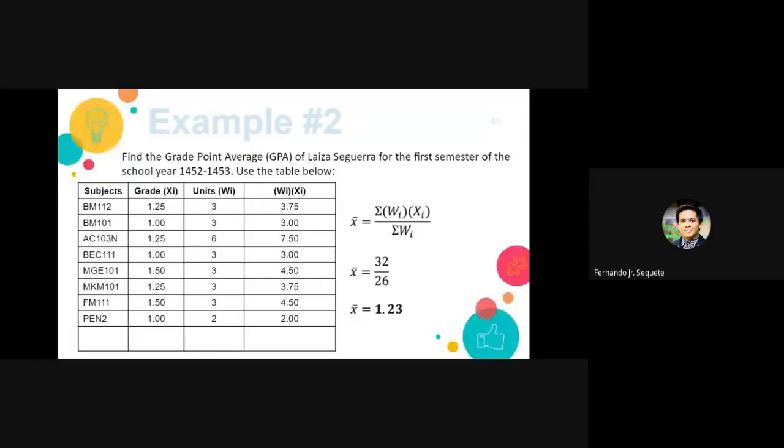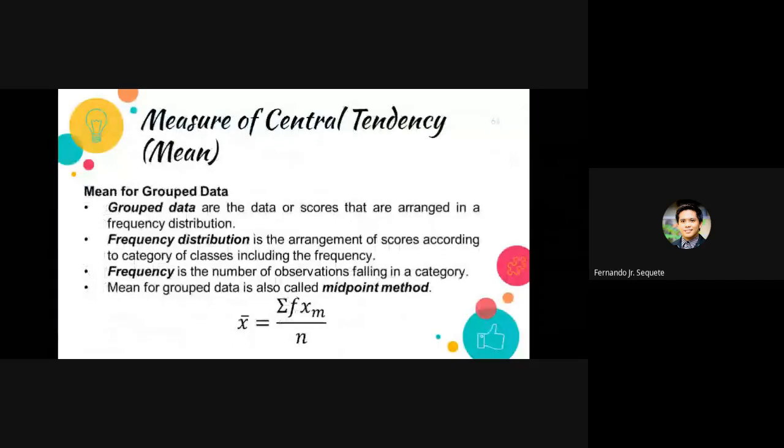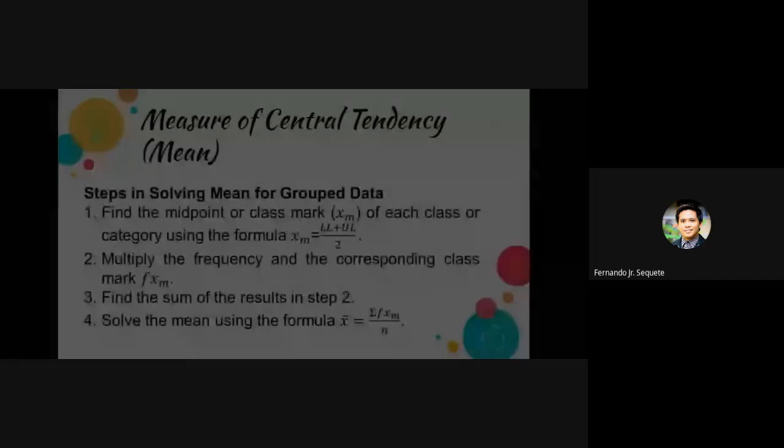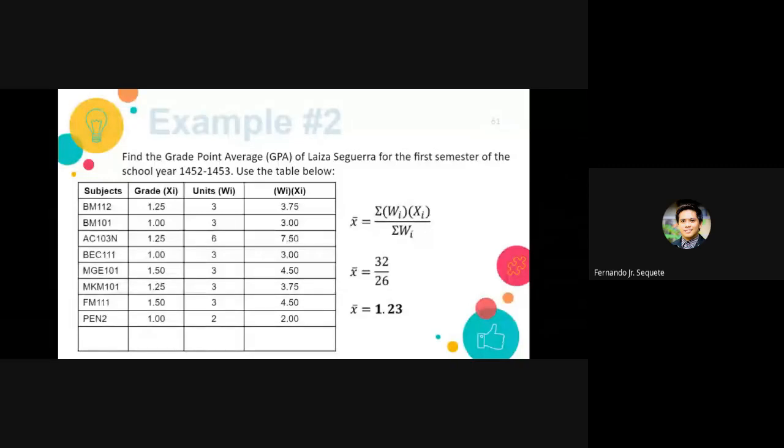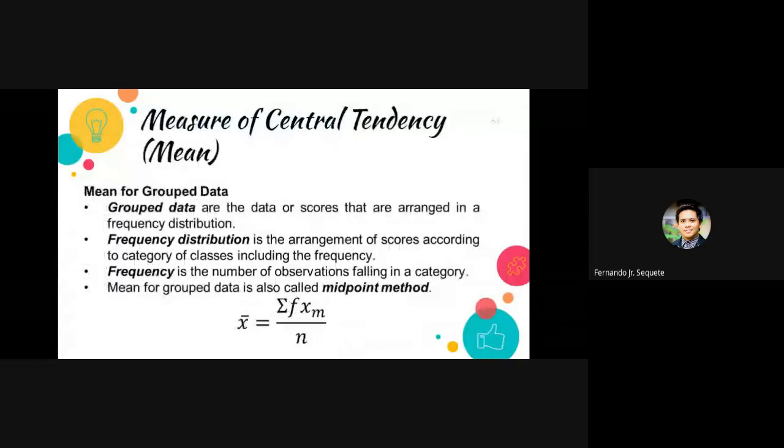Okay, and then next would be grouped data. The one that we discussed is actually ungrouped data, and for now it would be grouped.